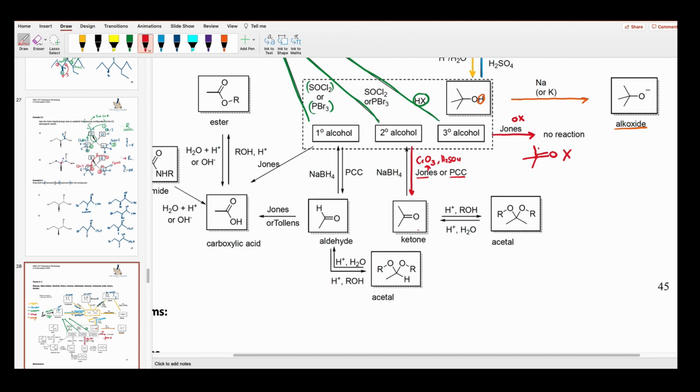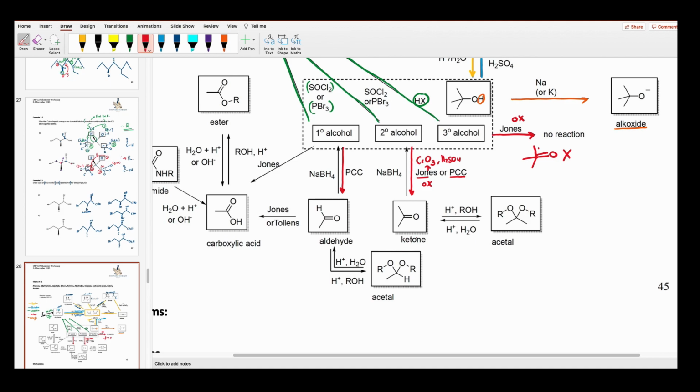That will oxidize a secondary alcohol to a ketone. This is oxidation. And if we have a primary alcohol and we use PCC, we oxidize that to an aldehyde.